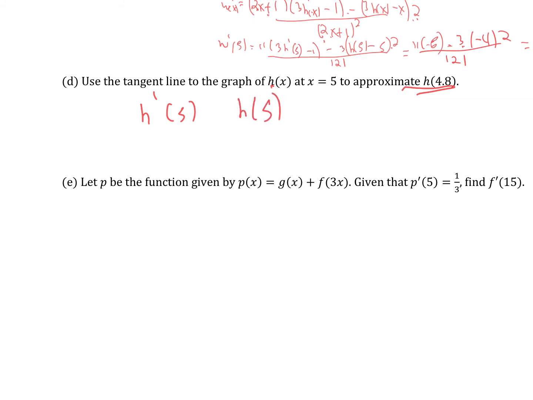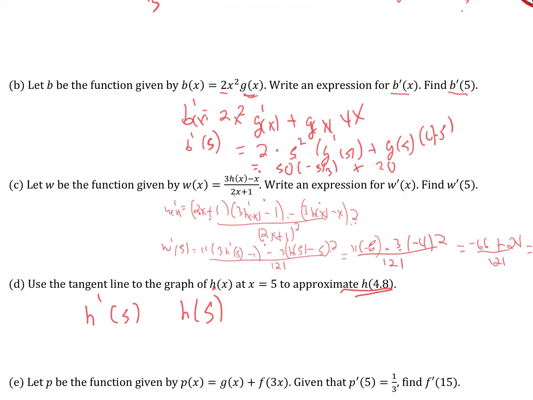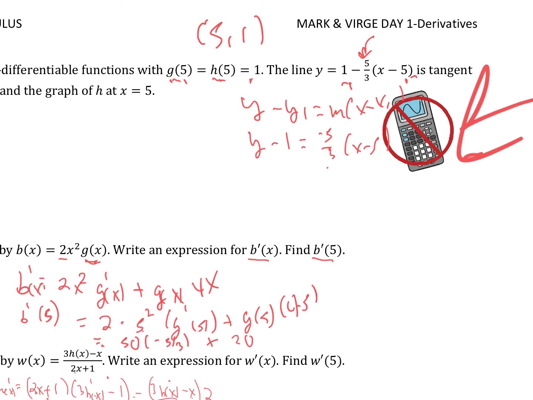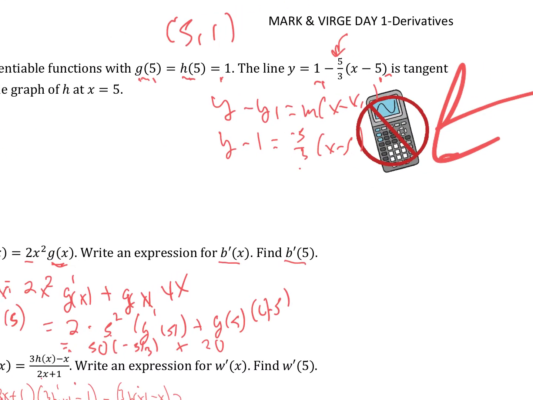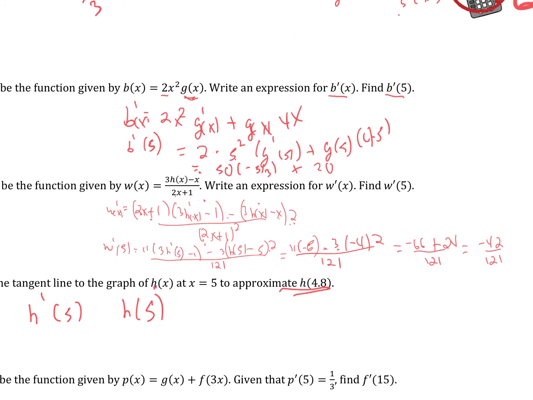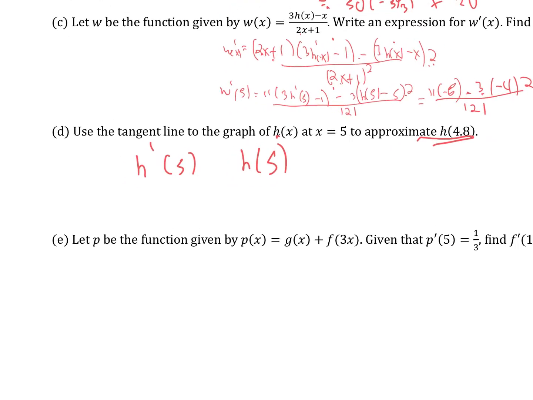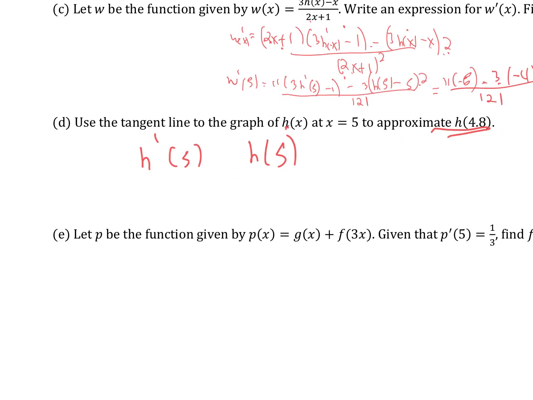Well, h prime of 5, we have, do we not? This was the tangent line, yes, this was the negative 5/3. And h of 5 is still a 1. So this is the slope of the tangent line. This is the point of tangency.